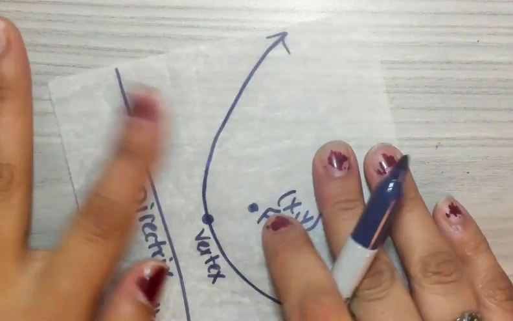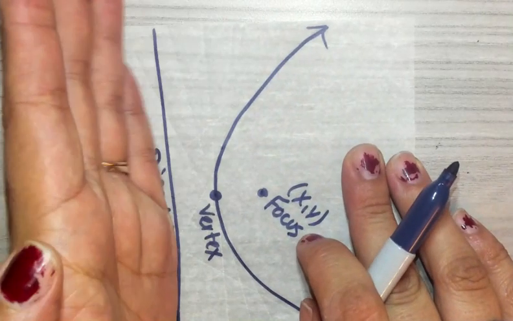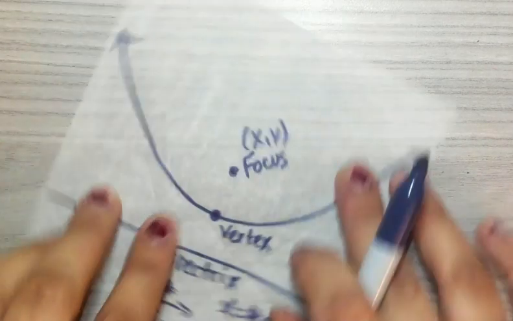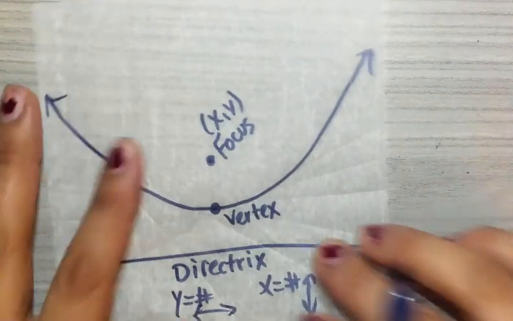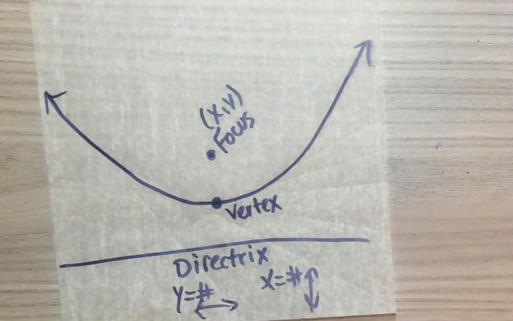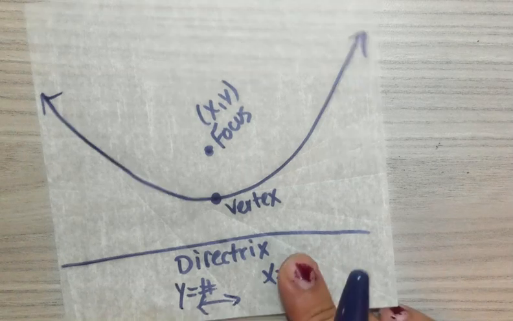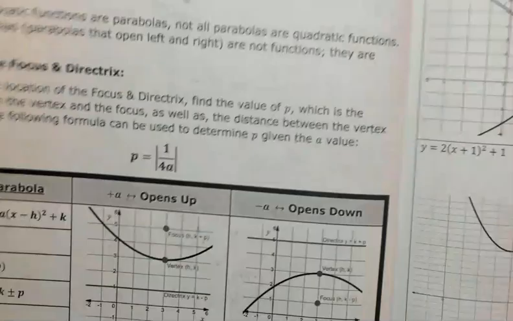So when the parabolas are sideways, you have a vertical directrix, and when it's up and down, you have a horizontal directrix. Okay, so with this visual, we are going to practice finding the focus and directrix.